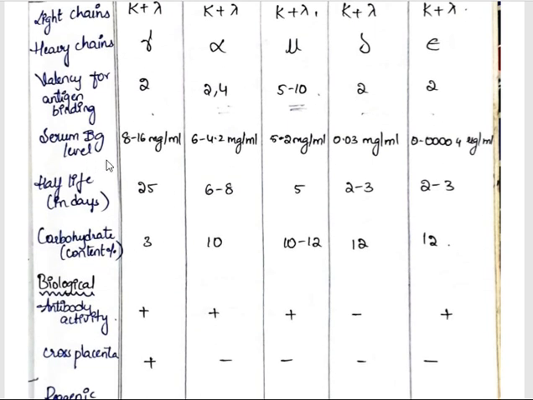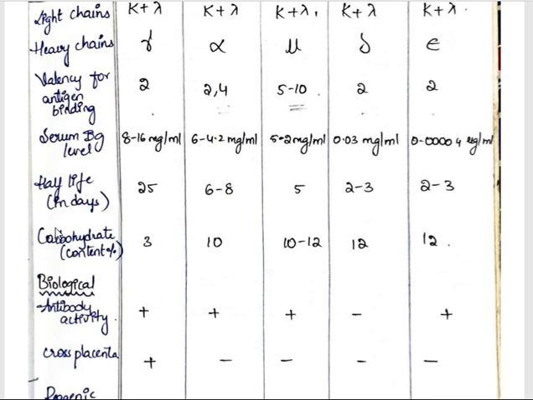The serum concentration ranges 8 to 16 for IgG, then IgA, IgM, and so on, then 0.03 for IgD, and IgE is in trace amounts, 0.0004. And half-life periods are like this: 25 days, 6 to 8 days, 5 days, 2 to 3 days, and 2 to 3 days.